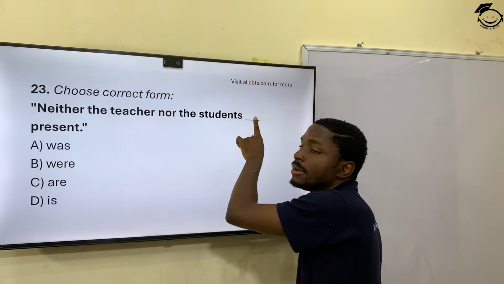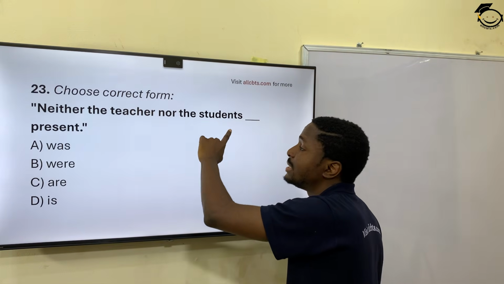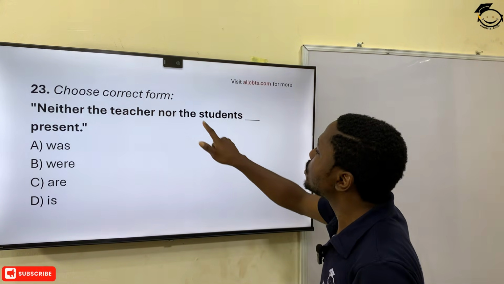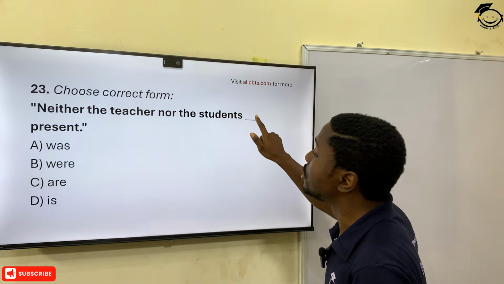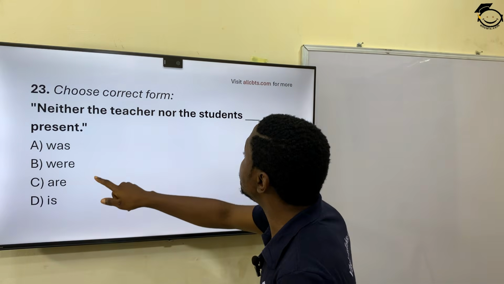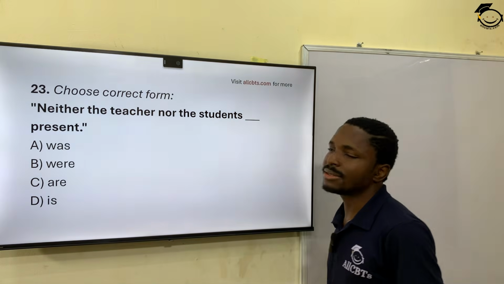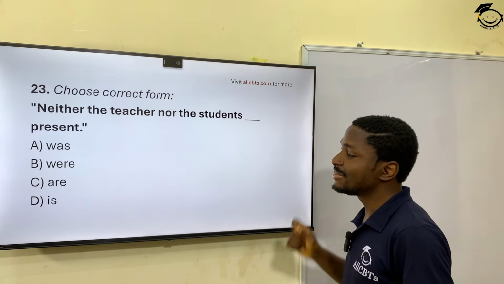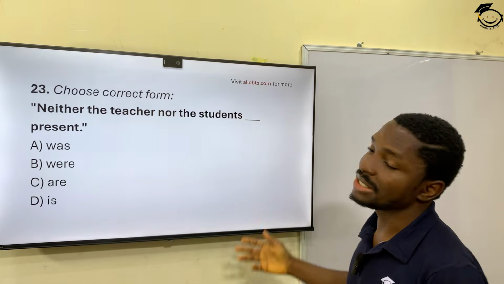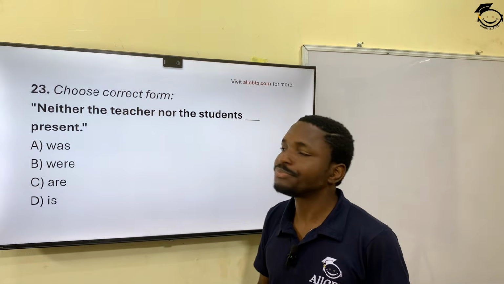The nearer subject here is students, which is plural. So the verb has to be plural. Neither the teacher nor the students were present, because it's in the past. Or neither the teacher nor the students are present. But it's likely going to be were, because I'm looking at it as in the past.